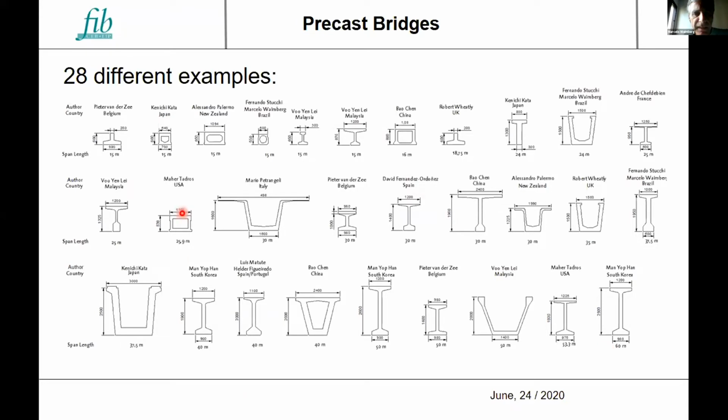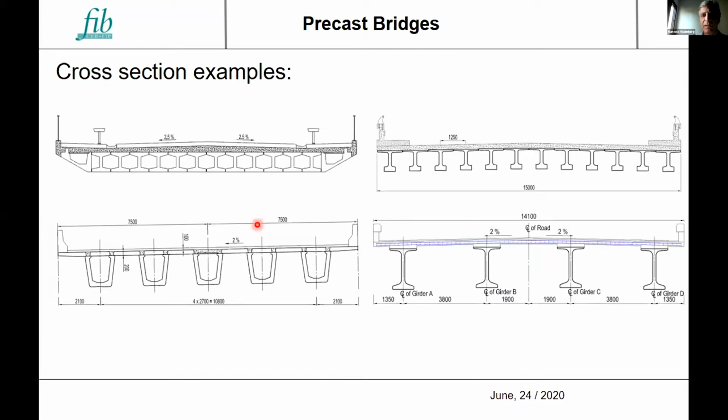Most of the authors of the document presented, in most cases, 2 or 3 different solutions, varying the length or the type of girder to be used. Here you can find some examples of cross sections used. You have adjacent girders, T-beams, I-beams, girders 2 meters apart, 3 meters apart. Here is an example of girders almost 4 meters apart.